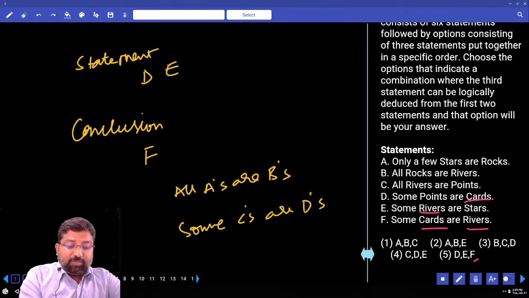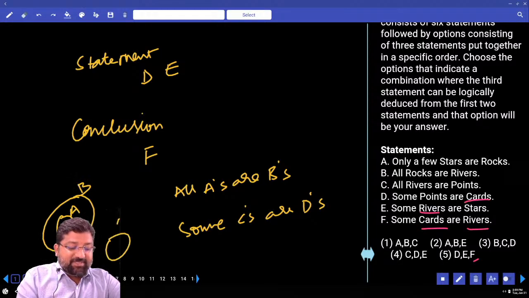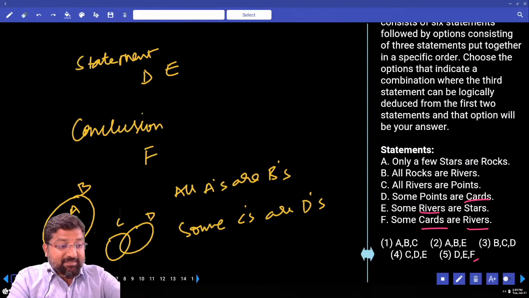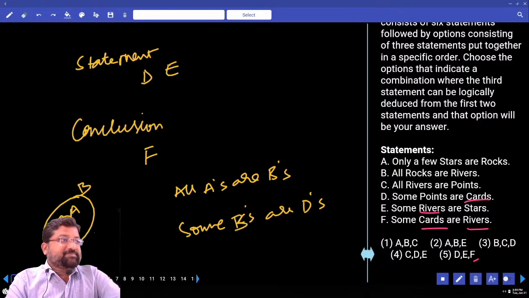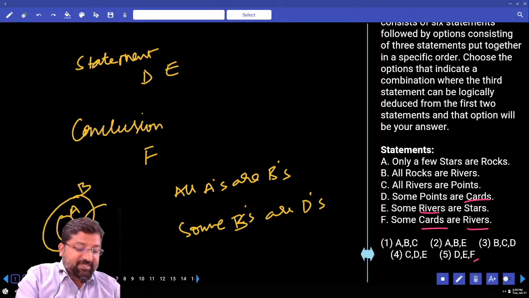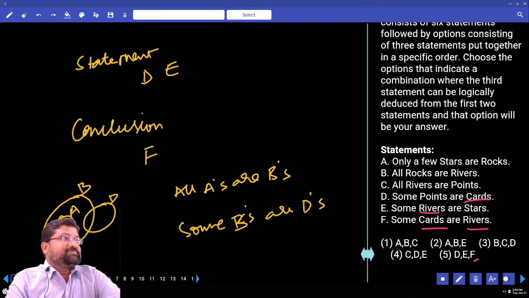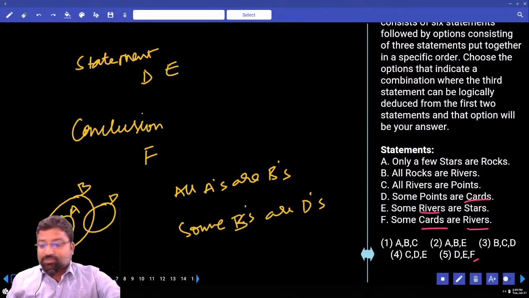When there is no common, you have to draw 2 separate diagrams because you can't establish a relationship between those 2. But instead of C, if I put B here, will I get 2 separate diagrams or only 1 diagram? 1 diagram. I can connect B and D. Same story is happening here.